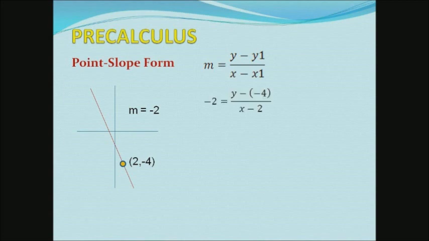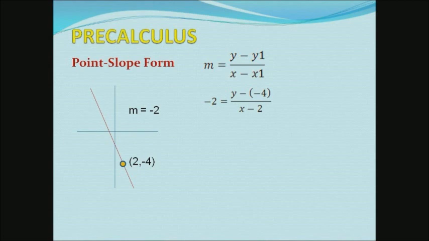So we will have now negative 2 equals y minus negative 4 all over x minus 2. So sinubstitute lang natin yung values ng m, y1 at ng x1.